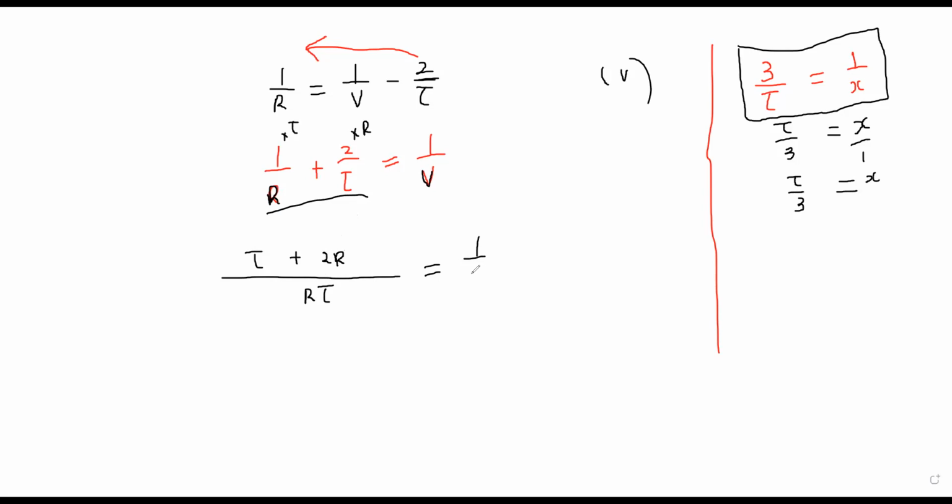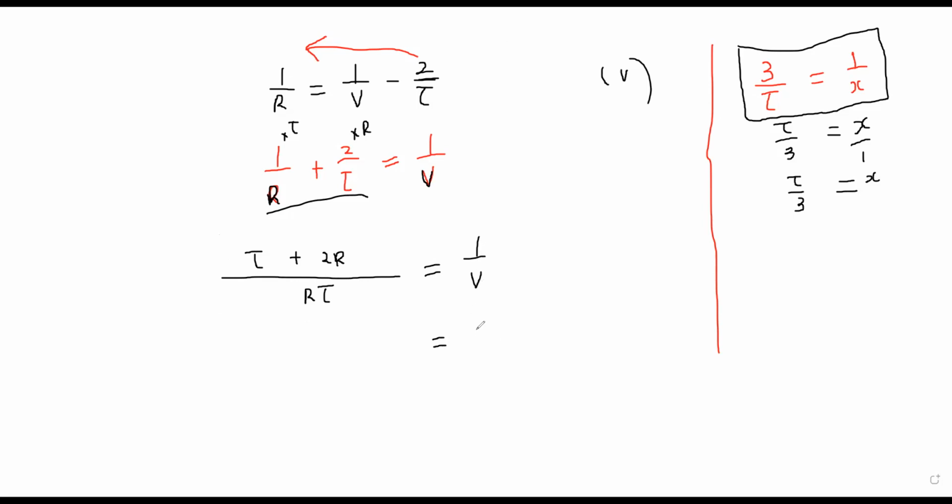And we're left with the 1 upon v on this side. We can't add anything at the top because they are unlike terms, right? We're dealing with T and R. We can't add them, right? So what we can do is get them as one fraction. So all we gotta do is flip this side.